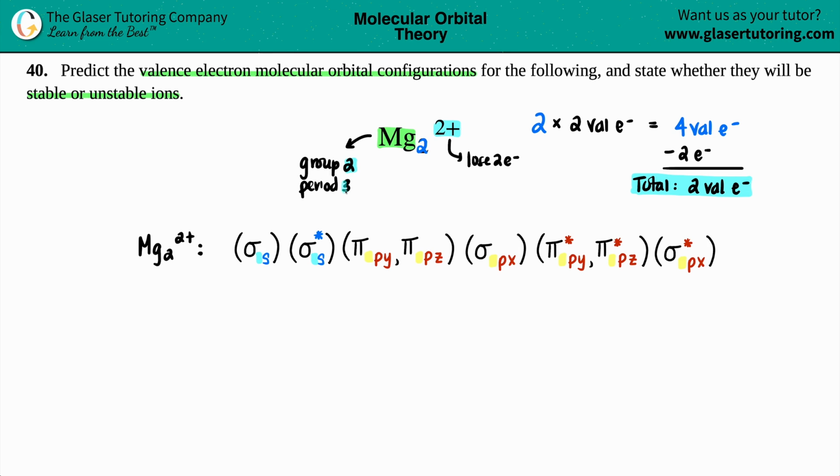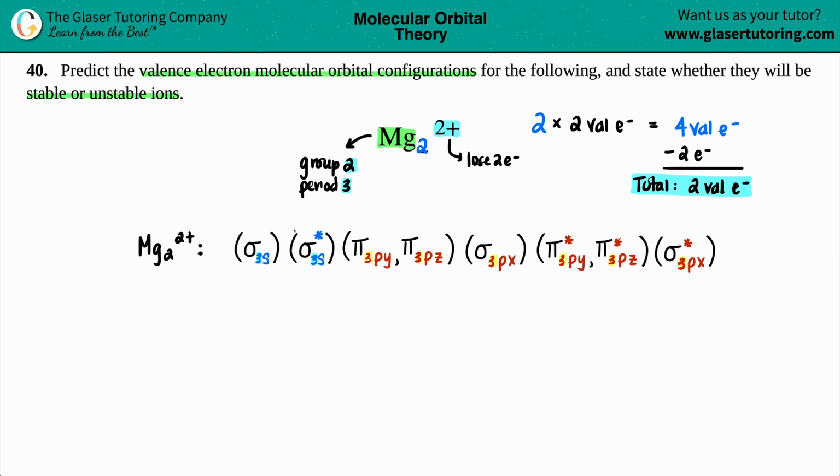And for period 3, that's going to be your principal quantum number. So you've got 3s, 3s, and then all these would also be 3: 3px, 3py, 3pz. These are all the different types of orbitals. Okay, cool.